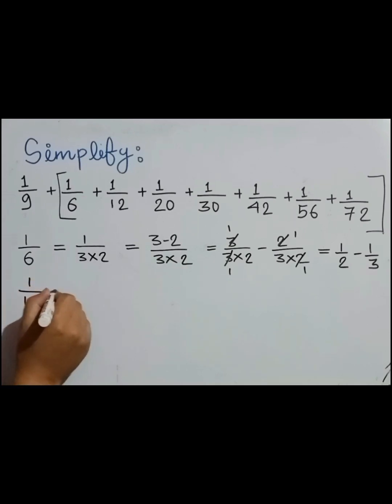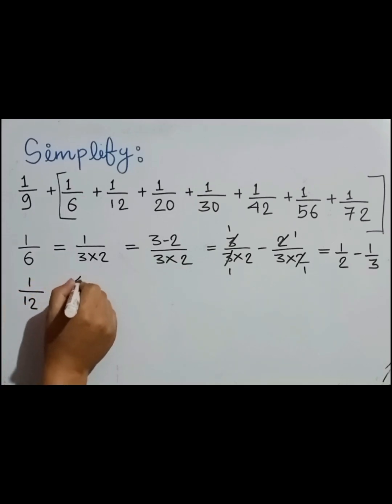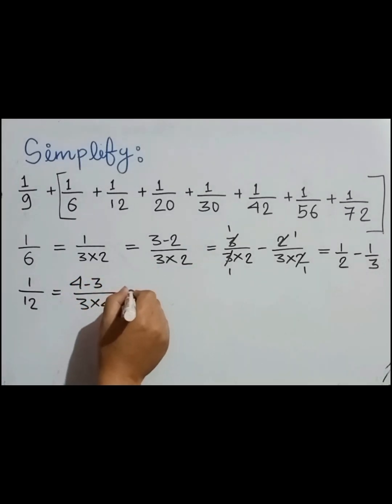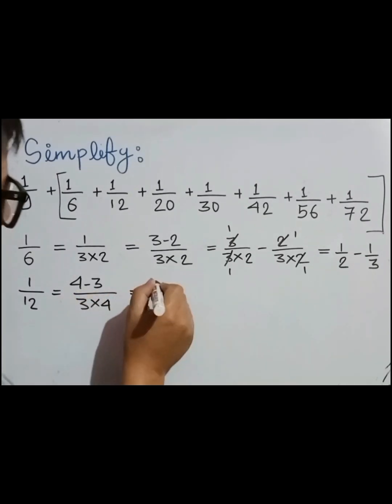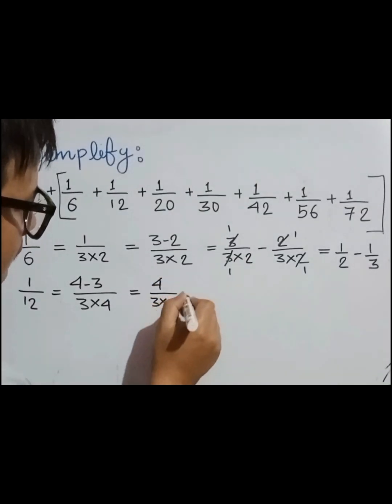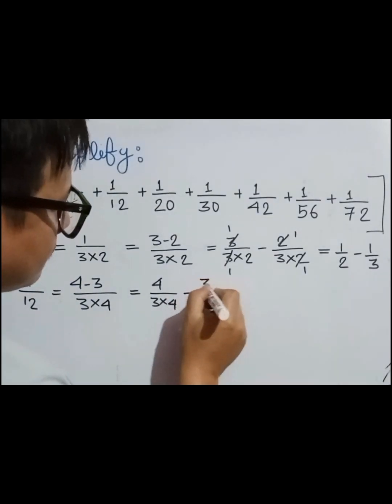Similarly 1 upon 12 is equal to, we can write this as 4 minus 3 upon 3 into 4, and we can split it into two terms, and it becomes 4 upon 3 into 4 minus 3 upon 3 into 4.